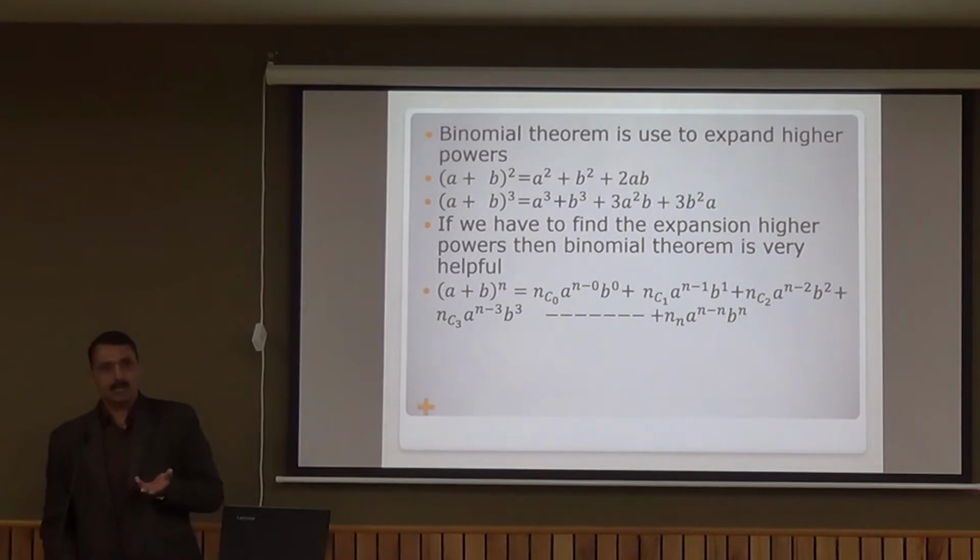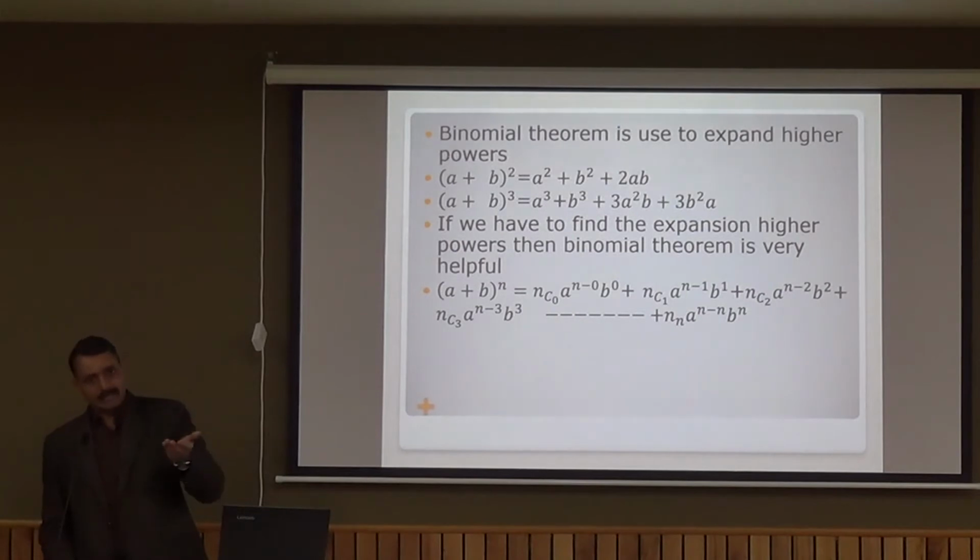So as I have explained, the binomial theorem is used to expand a higher power. So (a+b) raised to power n will be what? nC0 a^(n-0) b^0, plus nC1 a^(n-1) b^1, plus nC2 a^(n-2) b^2, and so on.